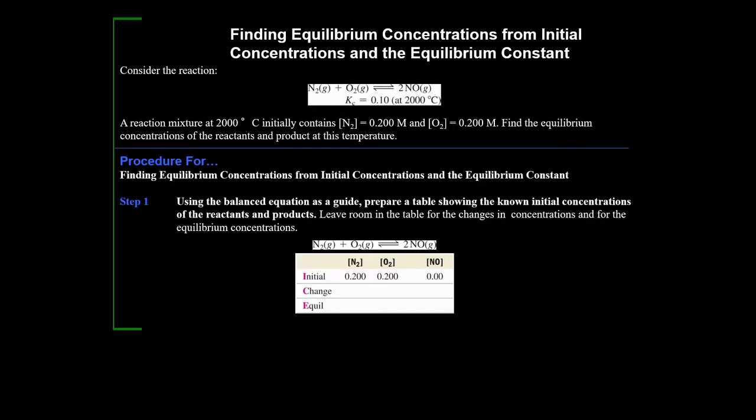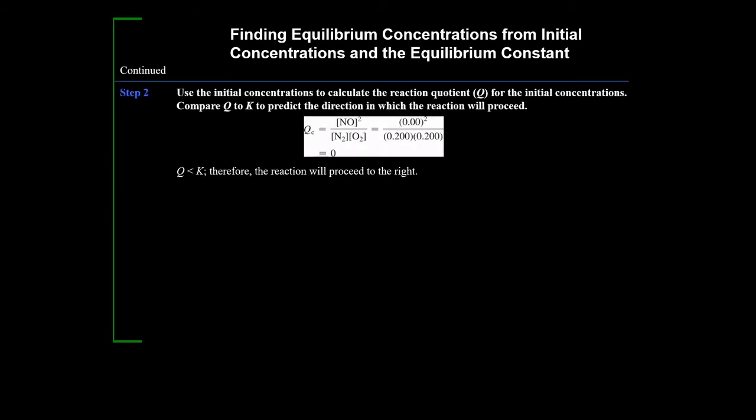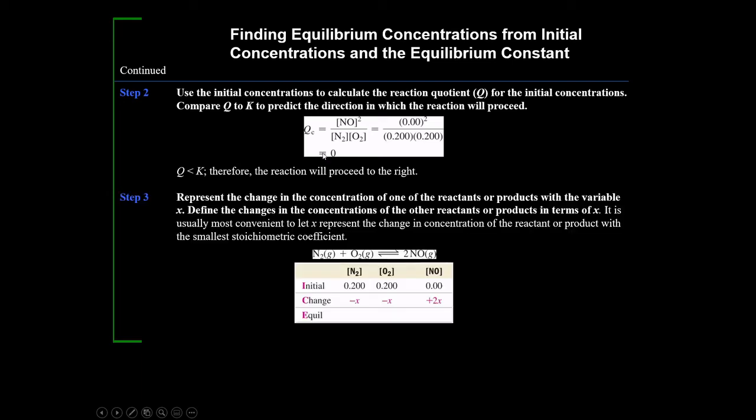This is, again, one of those situations where there is only one direction it can go, because you only have reactants. The reverse reaction is impossible. So there's really no need to do this whole equation here. They do it anyway. They have 0 in the numerator, and what do you know? You have 0, which means the reaction needs to proceed to the right. So, again, most of the time you won't have to do that.